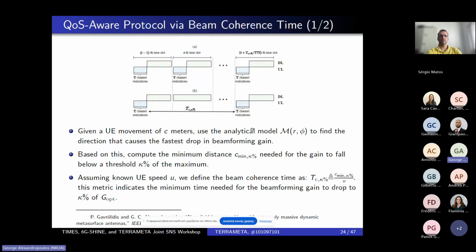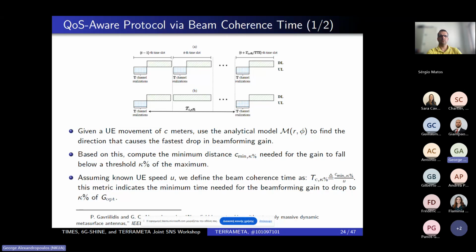Based on this, we can compute the minimum distance needed for the gain to fall below a threshold of K percent of the maximum. If we assume that we know the UE speed, then we can define this beam coherence time, which is a critical metric indicating the minimum time needed for the beamforming gain to drop to K percent of G_opt.